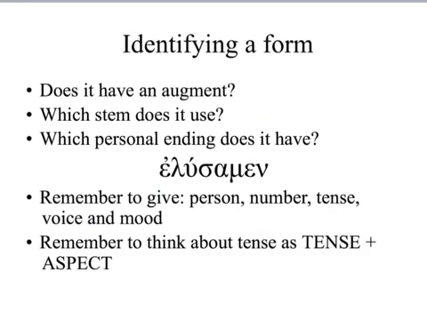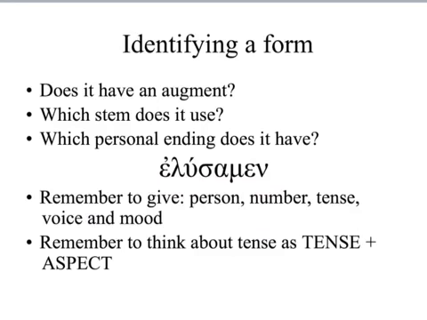In the example, elusamen, does it have an augment? Why, yes it does, so it must be in the past. What's its stem? Lusa, that's the aorist stem. What personal ending does it have? Amen, that is the first person plural. So the information that we've gleaned from this form is that it is the aorist, simple past, and it's the first person plural, active, indicative.